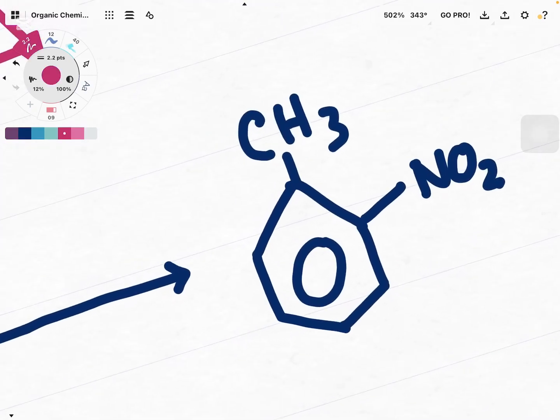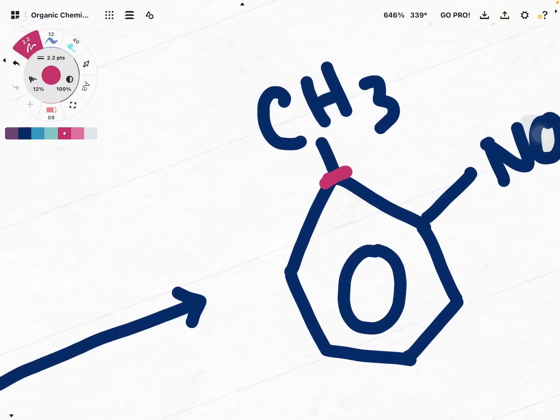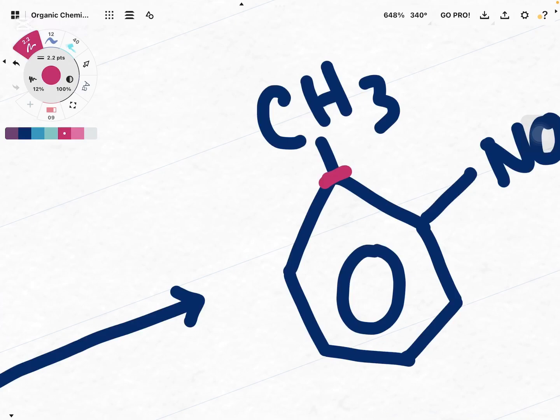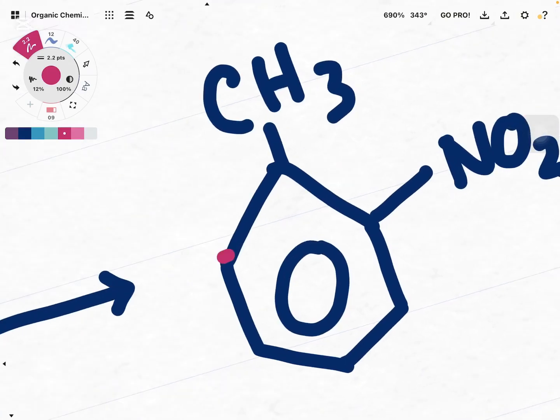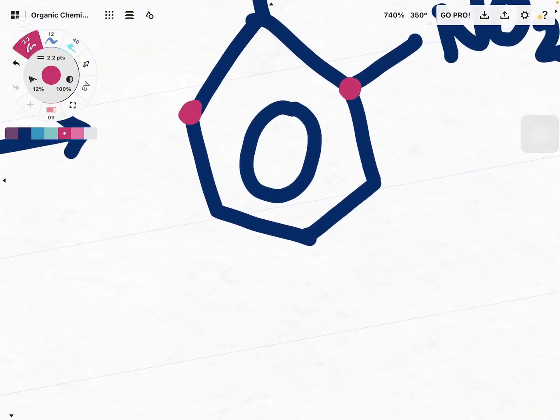Remember I told you that wherever we put the functional group, the point beside it will be ortho and the opposite point will be para, and these two will be called meta.